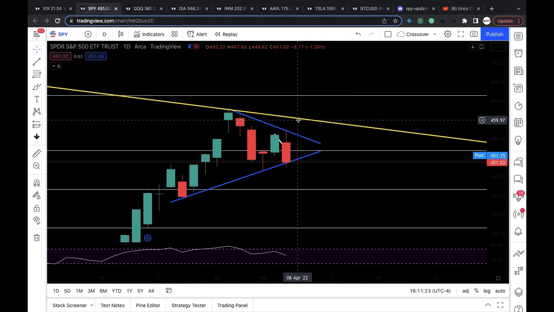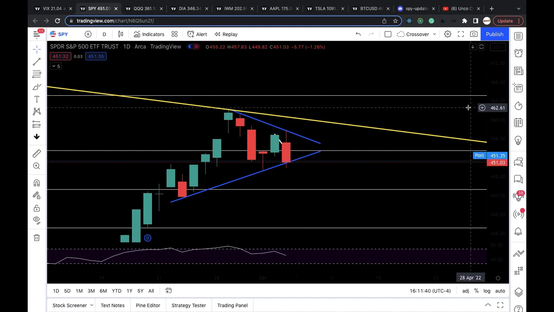I got a price target around 460 if we can clear 456.9. But as long as we are below 453.5, we're going to be testing the support level. The support level of this triangle for tomorrow is around 451.8. Obviously the SPY is below that right now.